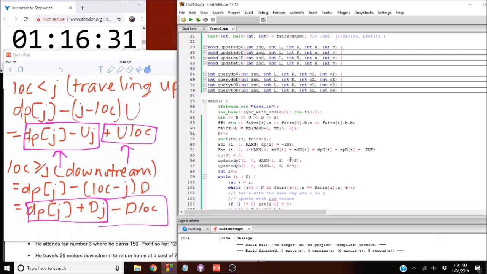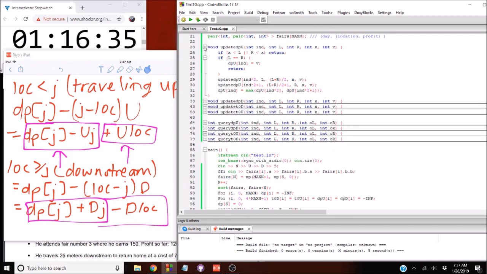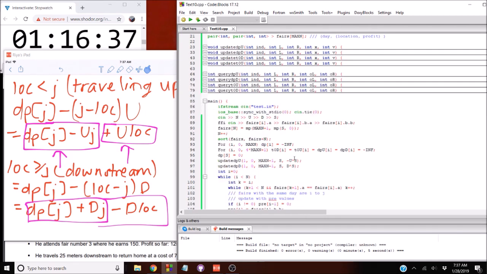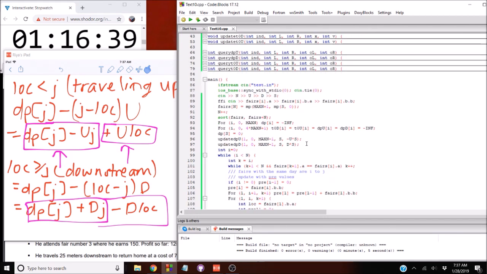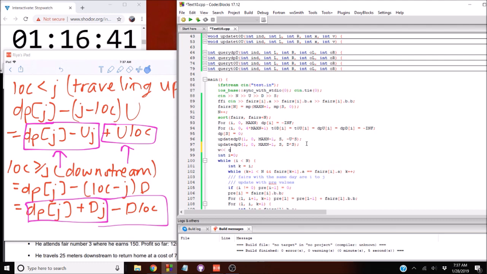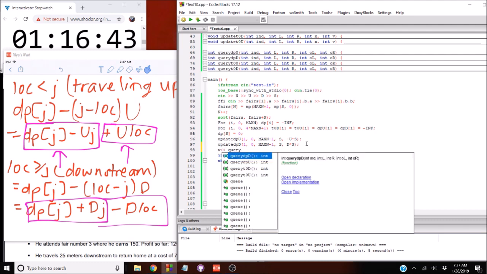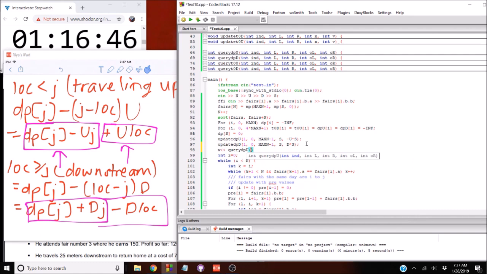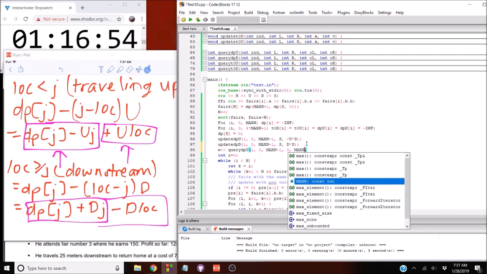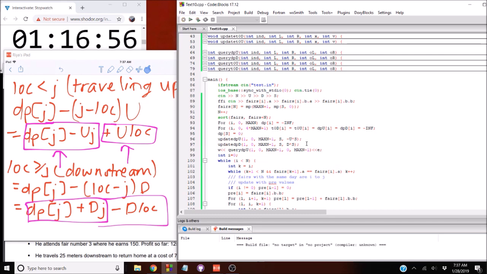Still negative. Okay, I'm just gonna make sure that it actually got updated. And this should output negative u times whatever s is.